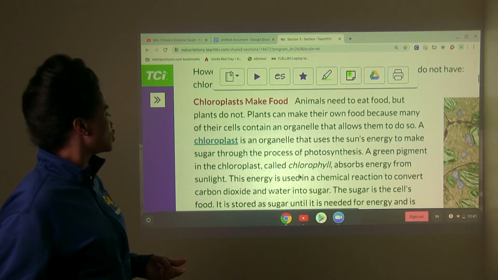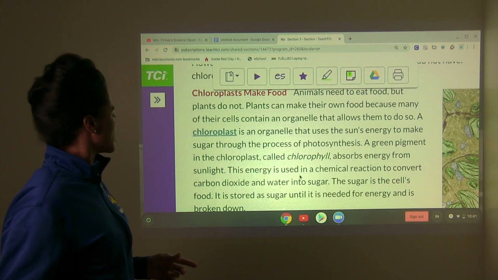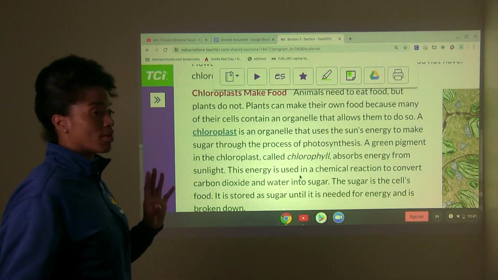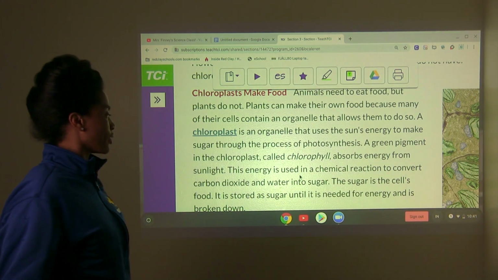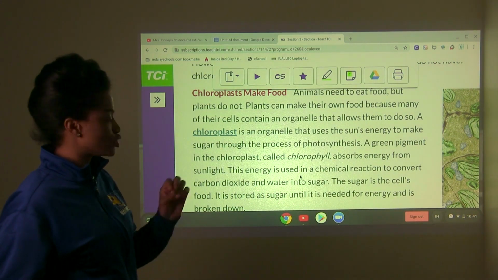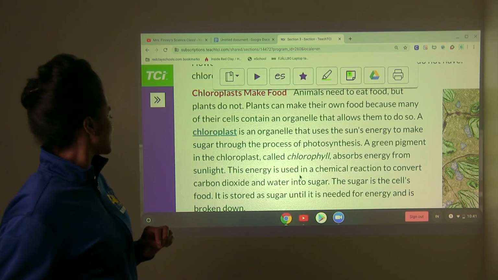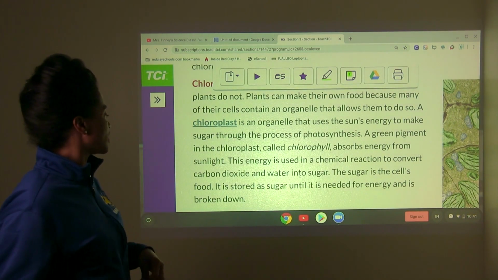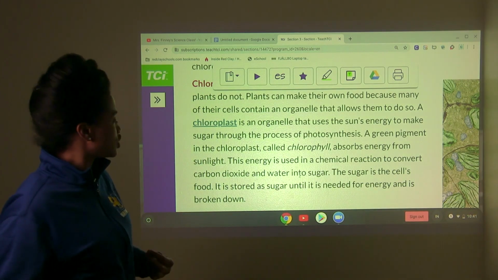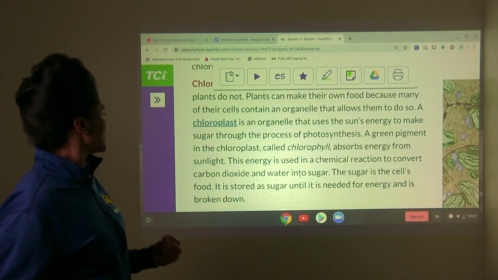This energy is used in a chemical reaction to convert carbon dioxide, we talked about that, and water into sugar. The sugar is the cell's food. It is stored as sugar until it is needed for energy and is broken down.